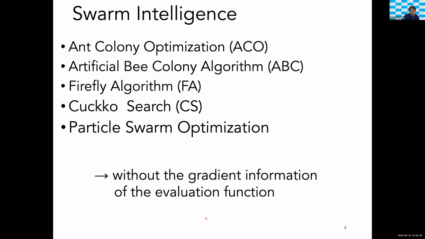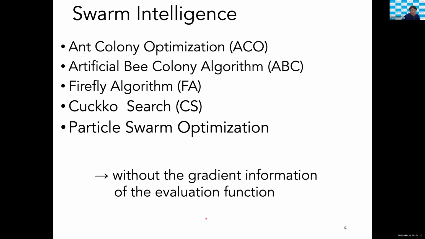Swarm intelligence optimization algorithms involve many agents sharing information and using this information to search for the optimal solution. Several algorithms based on the principle of biological entities acting in swarms have been proposed.